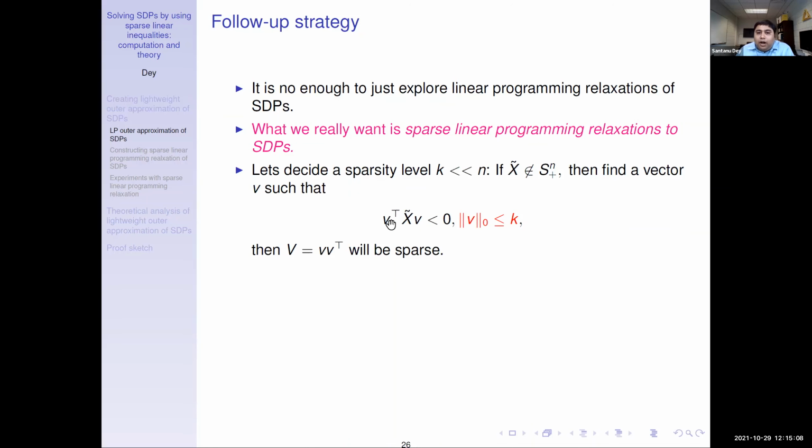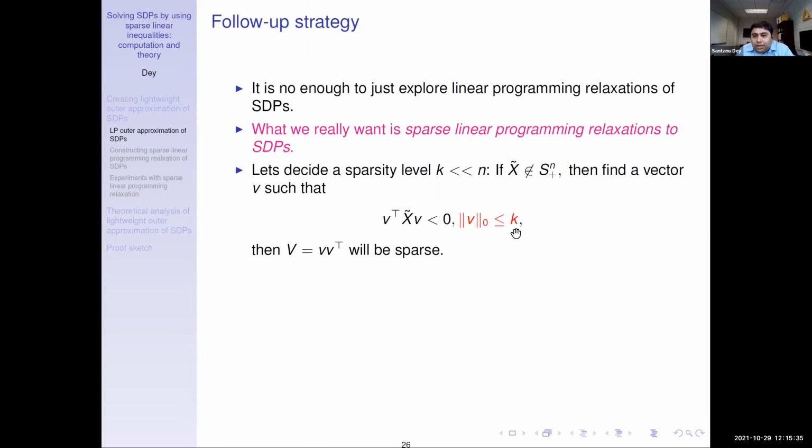Remember earlier, for our x tilde, the incumbent solution of our LP, we found an eigenvector V such that this product was negative. Now, maybe I don't necessarily care about eigenvectors. I just want a vector V where this is negative, and I want this vector to be sparse.